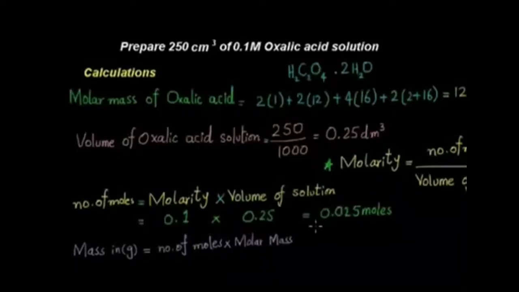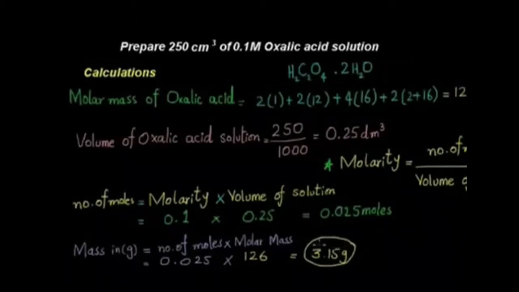Number of moles is 0.025 as we calculated in the previous step, and the molar mass is 126 grams as we found in the first step, and after calculating these values we get 3.15 grams. Hence, we need 3.15 grams of oxalic acid.